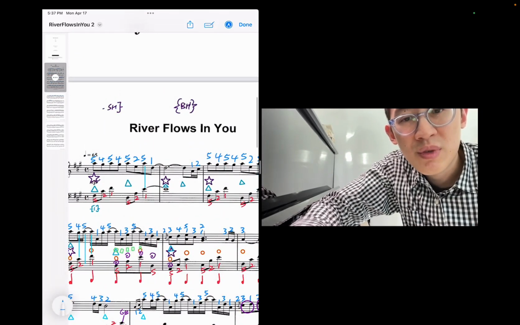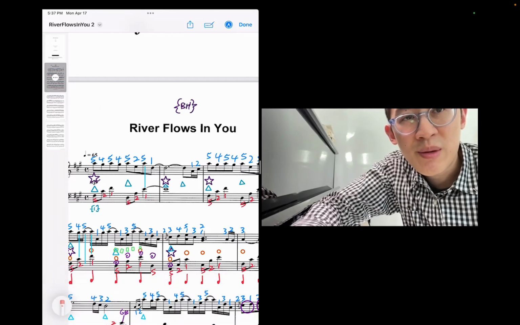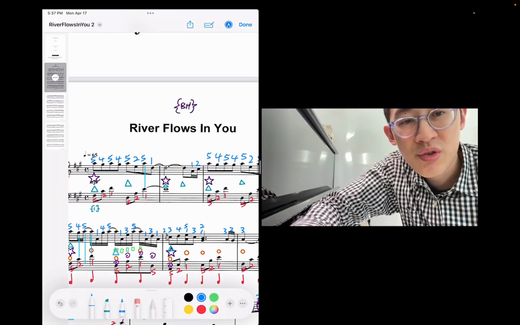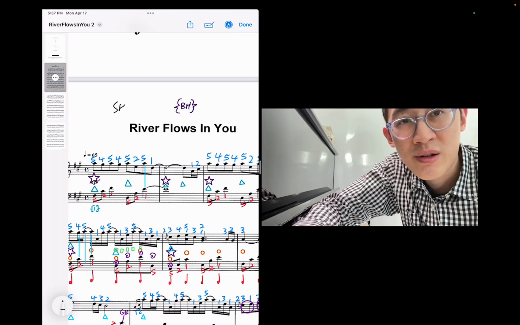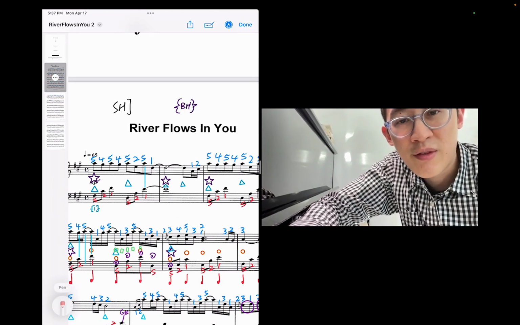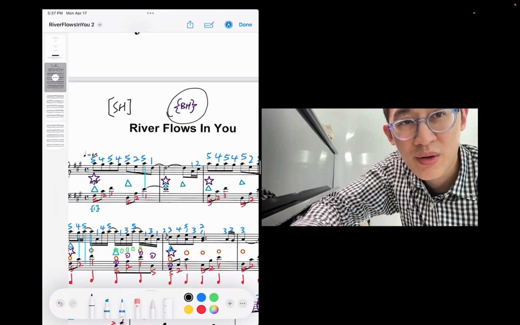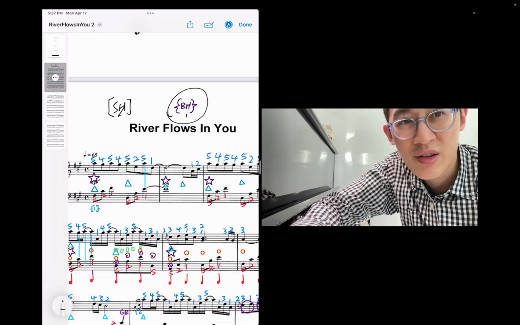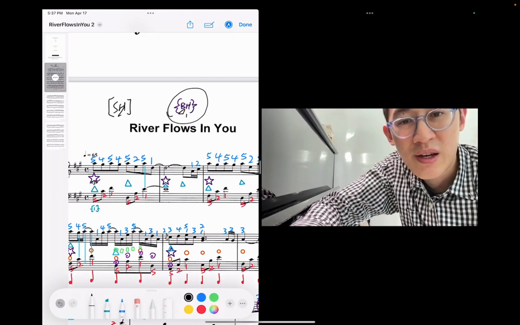So in general, for separate hands now, I actually will just use regular square brackets to indicate if I've practiced something separate hands, and then I'll use these fancy curly brackets or braces if we do both hands, right? So SH just stands for separate hands, BH just stands for both hands.